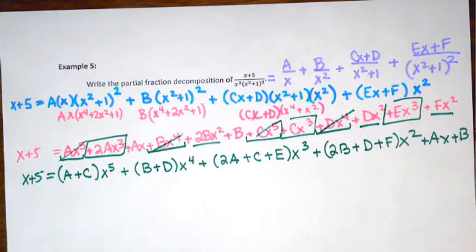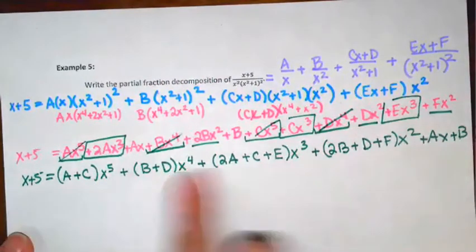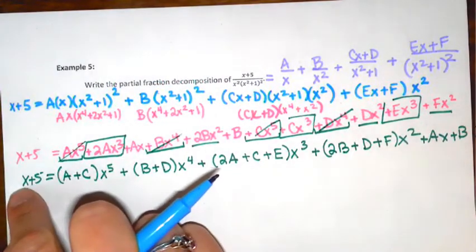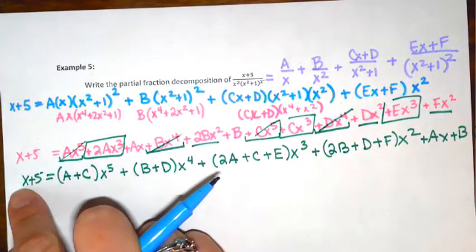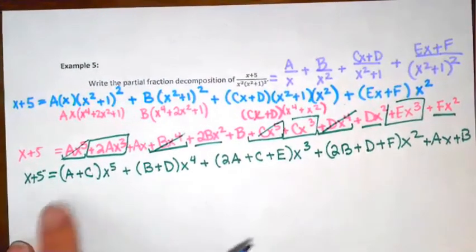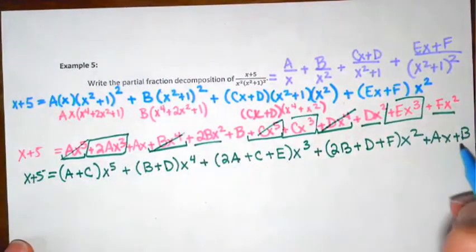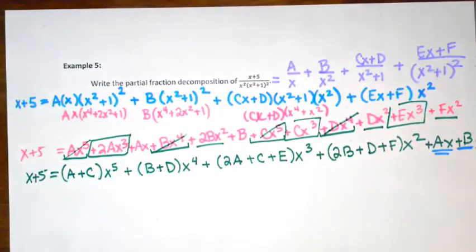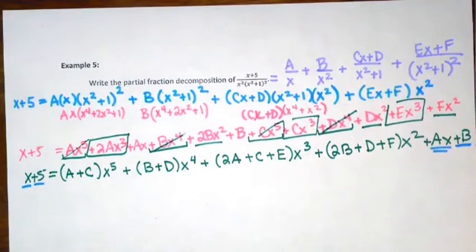Okay. Now, normally, because we have x to the 5th, x to the 4th, x cubed, x squared, I'd put 0x to the 5th and 0x to the fourth, but I kind of ran out of room. If we notice here, the only things that have single letters are my constant and my ax, right? And do I have a constant and an x on the left-hand side?